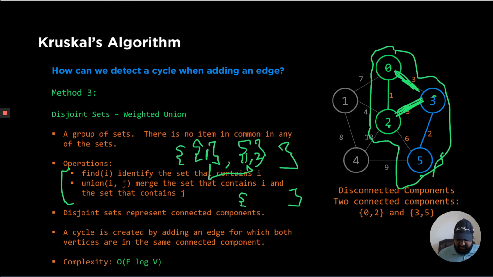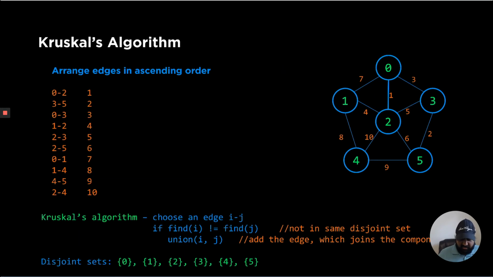We are going to see conceptually how this works. And just to reiterate, if you use a disjoint set to compute Kruskal's algorithm, this gives us a better complexity, which is O of E times log V, which is much better than the O of E squared we saw earlier for the second approach, although both of them are correct.